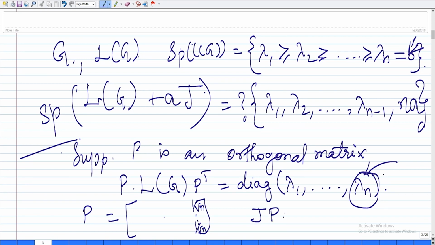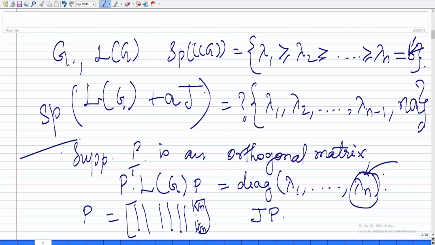Now, with this P matrix, what can I say about the product JP? All these columns are eigenvectors again, and we are talking about the matrix of all ones times P. It is an n by n matrix; we can also write it the other way around, P or P transpose. I have started with P, so let me write it as P transpose.